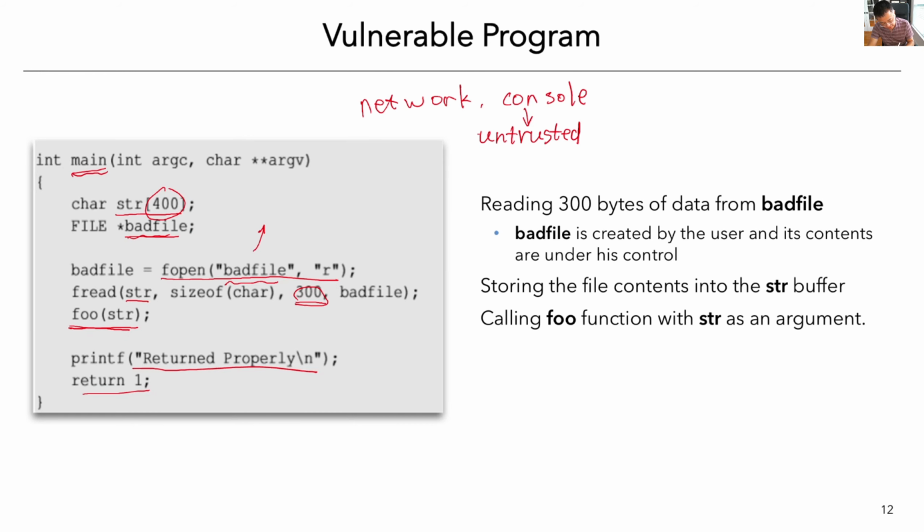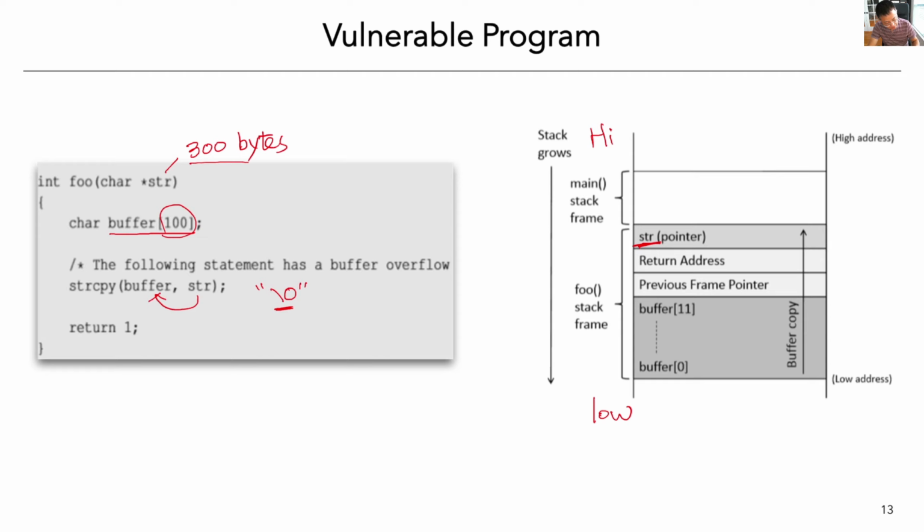If we go back here, the string will be the buffer defined in the main function. Then it will issue a call instruction, call FOO. This is our assembly instruction. The computer will automatically push the return address to the stack, right?